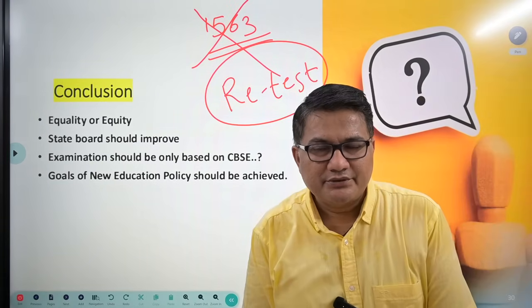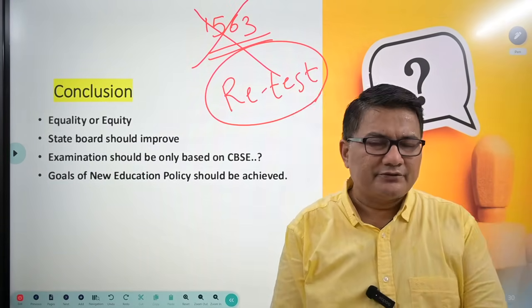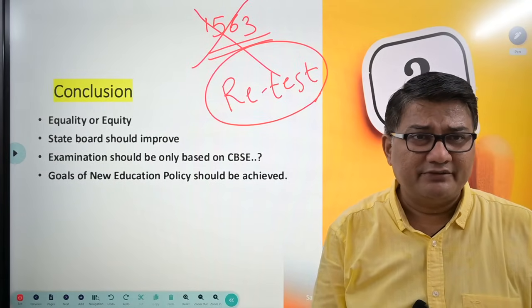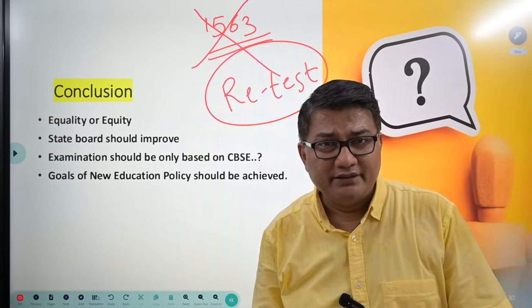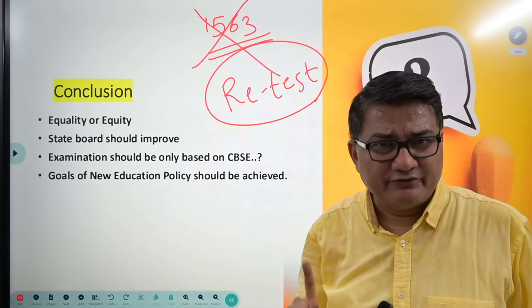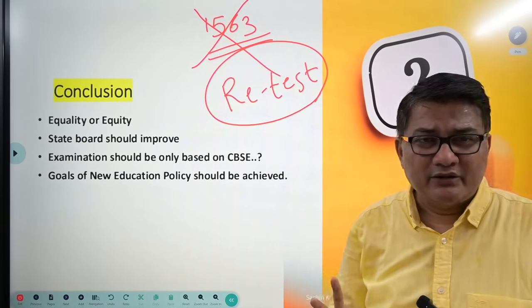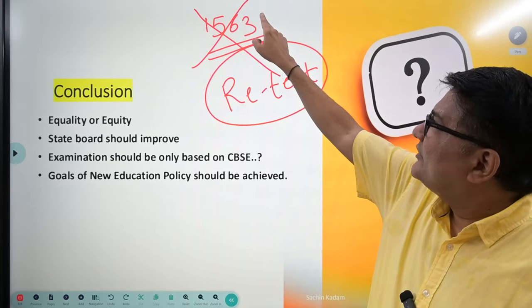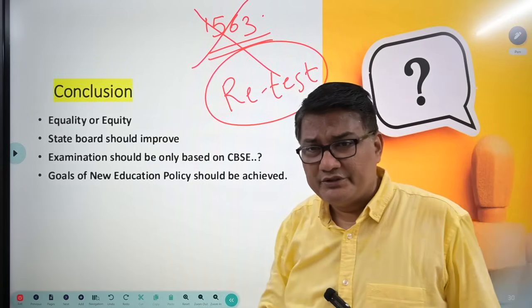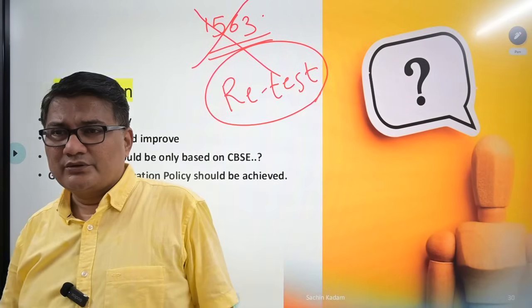Now comes the next question. Is it a victory of students? From my point of view, listen carefully. How can you say only 1563 students have lost time first? Second, should the retest be only for 1563 students, or should it be for all? That is again a question which will be there in the Supreme Court.